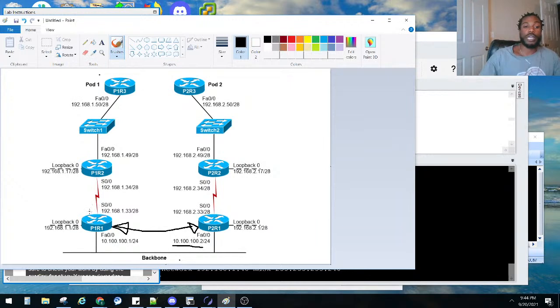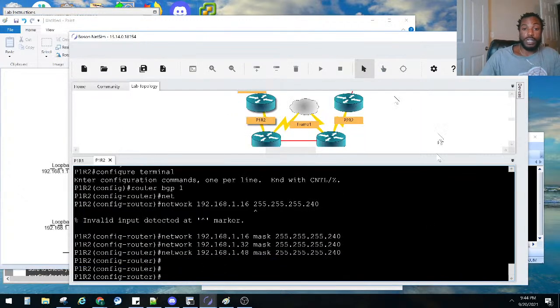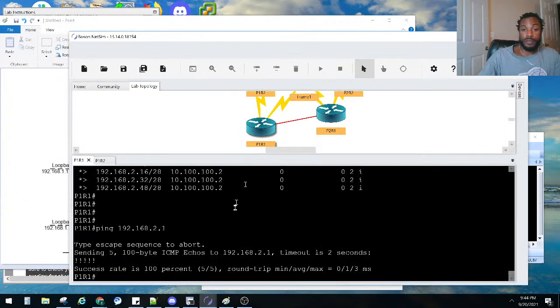Now we're going to create a neighbor relationship between these two right here. Remember, now we're using the same AS because we're both in the same AS. So let's go to P1R1, that guy right there that I moved.